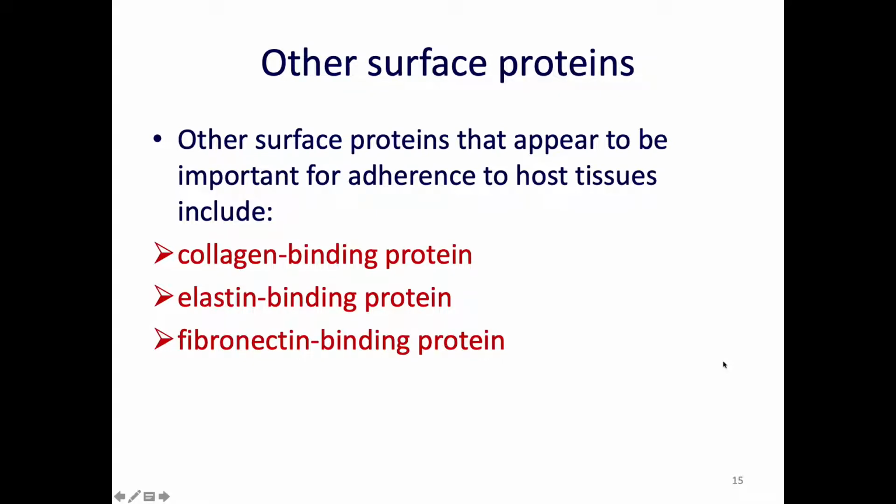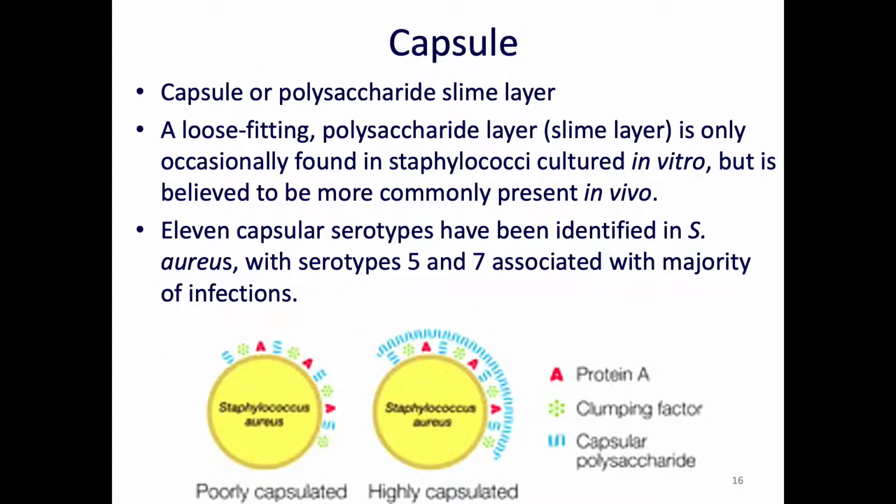Other surface proteins that appear to be important for adherence to the host tissues include collagen binding protein, elastin binding protein, and fibronectin binding protein. As to capsule, capsule is formed rarely. Some species can form capsule or polysaccharide slime layers. Polysaccharide slime layer is a loose-fitting polysaccharide layer.